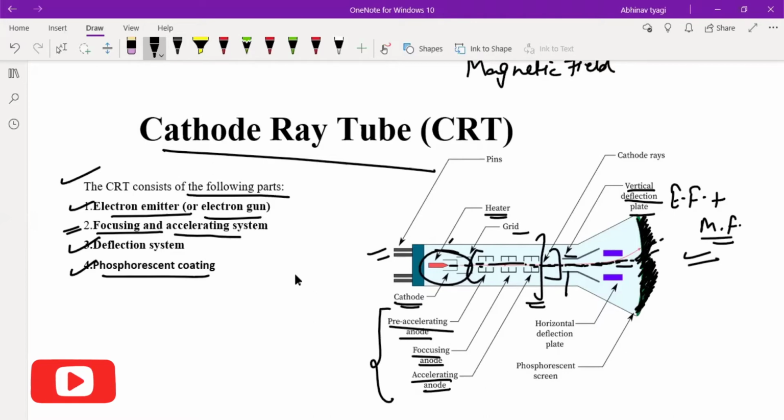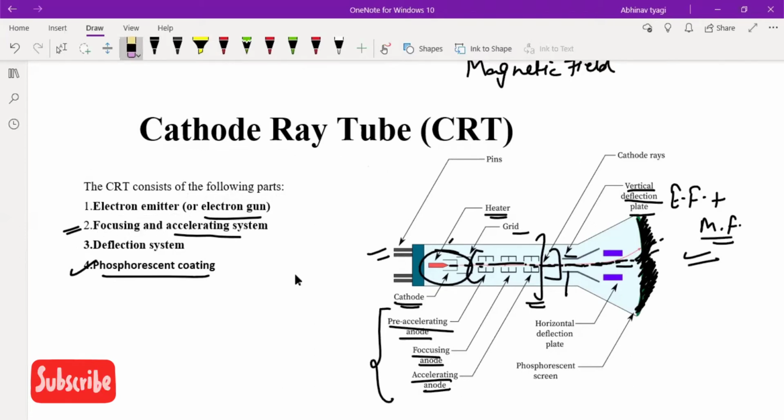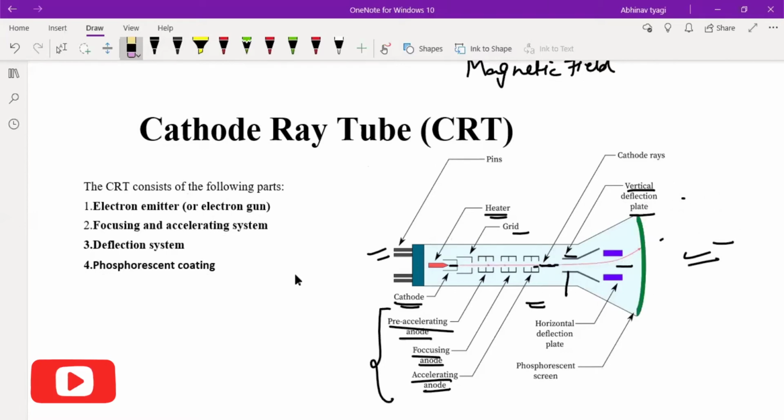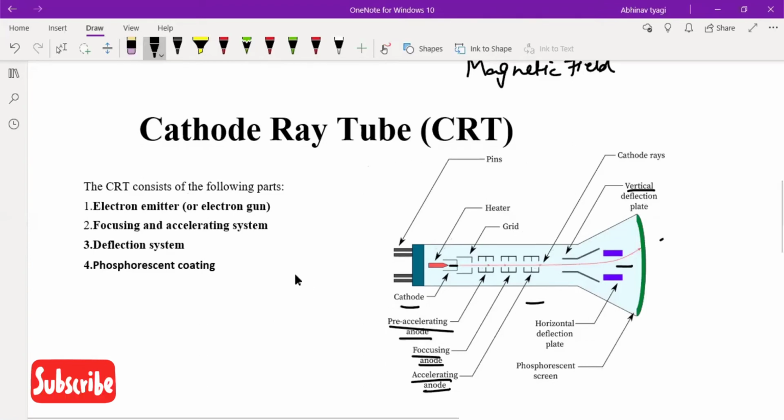So dear students, if we just try to understand here what is the working of cathode ray tube, then we can understand that Thomson passed electricity at very high voltage through a gas at a very low pressure taken in the discharge tube.